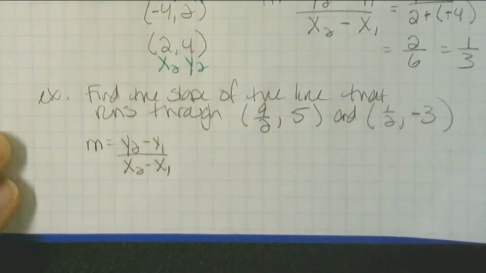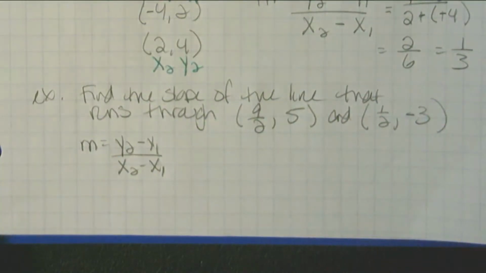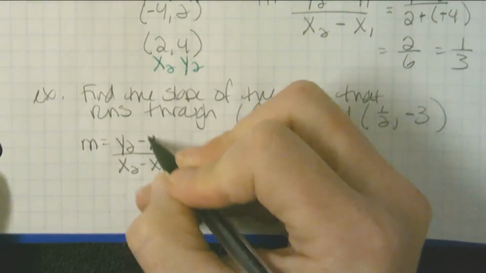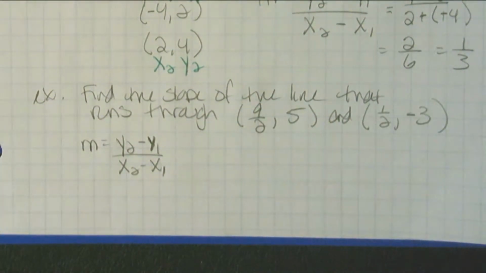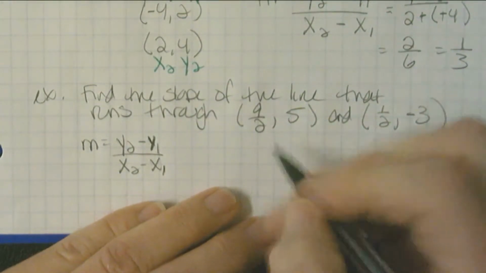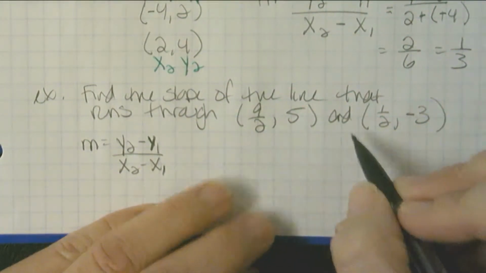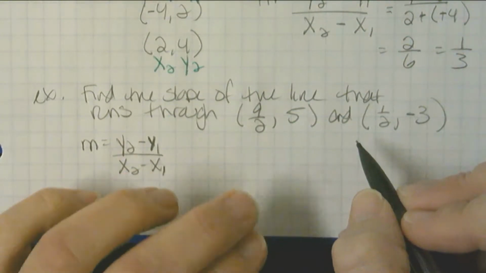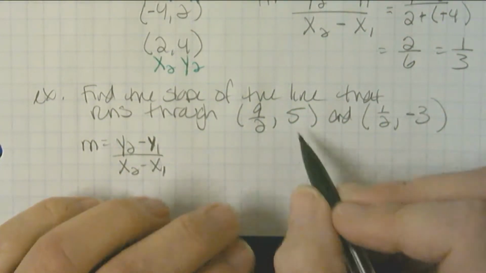All right, somebody help me out here. What did you label as your x1, y1? What did you label as your x2, y2? Come on, someone do this for me. Carmen, what did you label? So which one did you label as your first point?